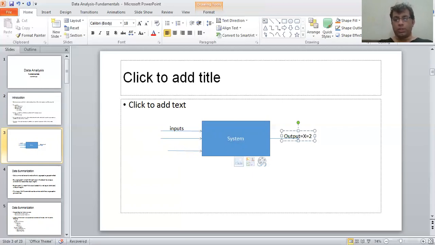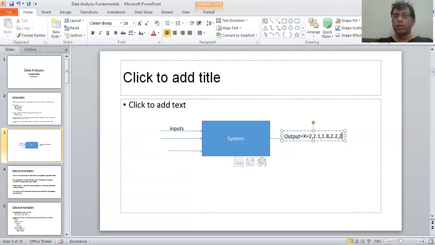But suppose that at one instant of time when I apply the inputs, I get the output 2. At the second instant of time, I get a different output, let's say 2.1. At another instant, I get a different output, let's say 1.8. And then again, I get something like 2.2, then 2.